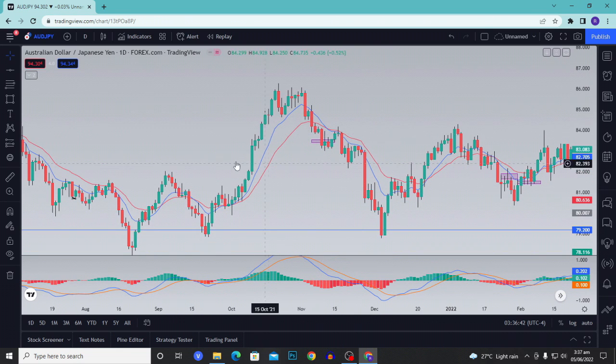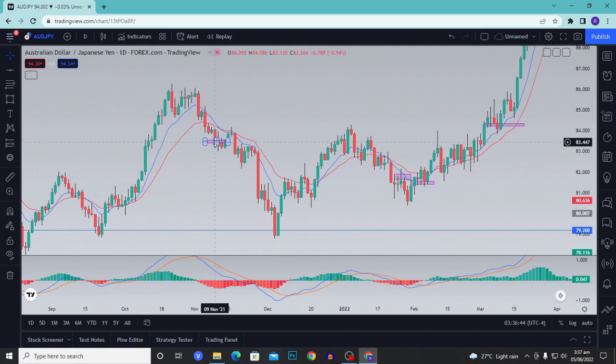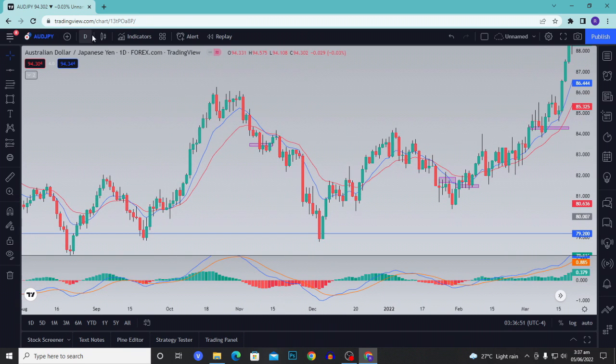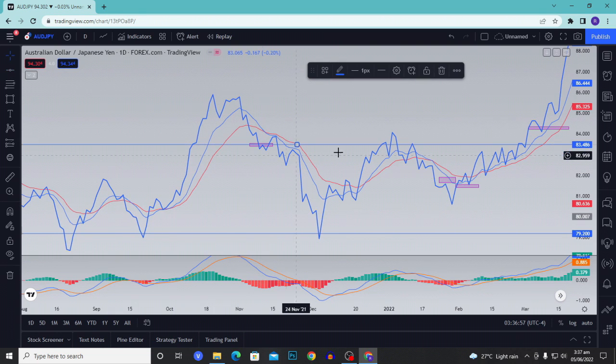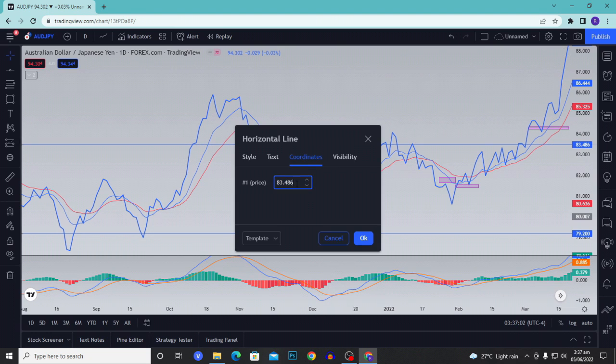So we're looking for M's and W's, and in this case, our very first case, we have a W formation right here. W is the trade setup, and the first thing we need to do is switch to the line chart, mark out our neckline, and put it to the very first bank point, which is 50.